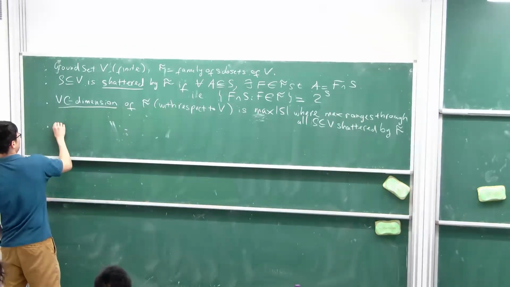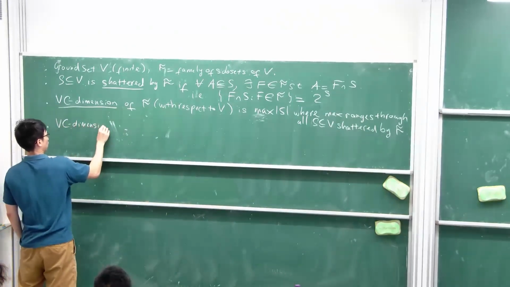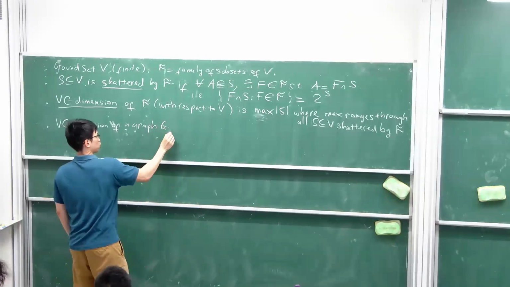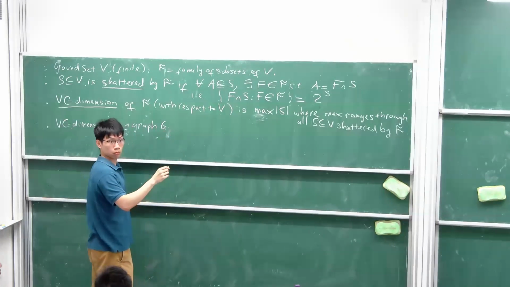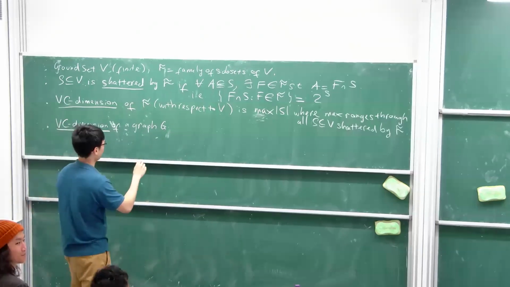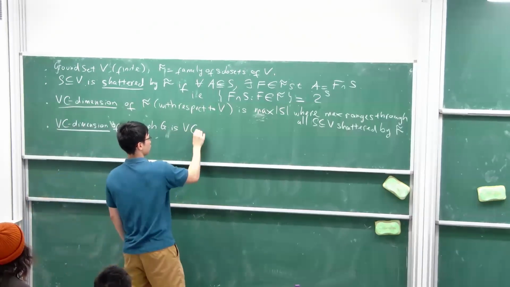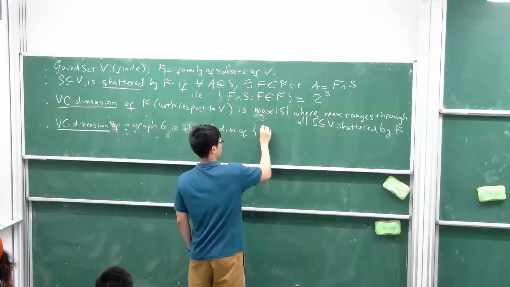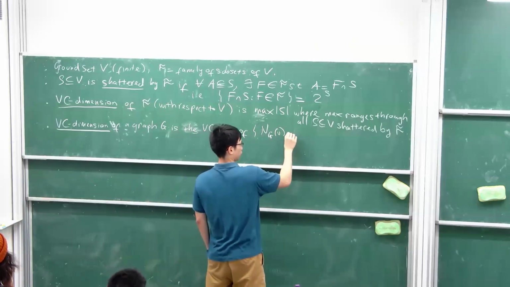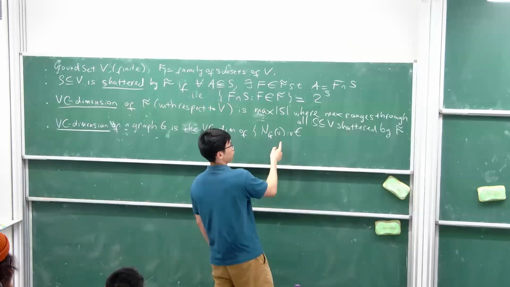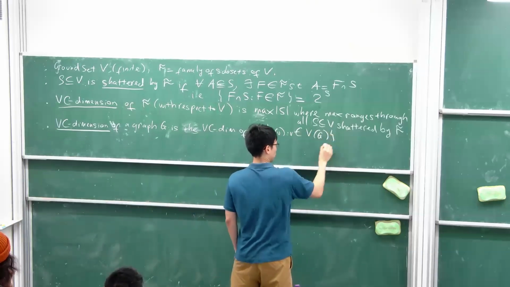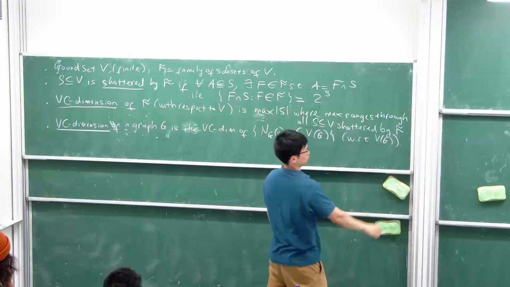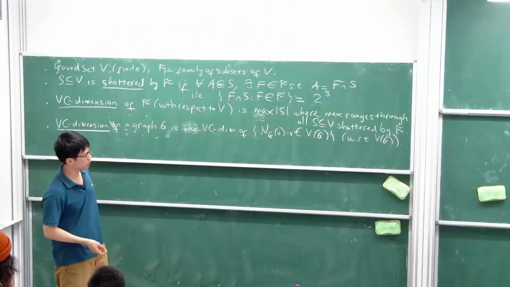The VC dimension of a graph G is the VC dimension of the family of the open neighborhoods of the vertices of G, and of course, again, with the ground set being the vertex set of G. Okay.